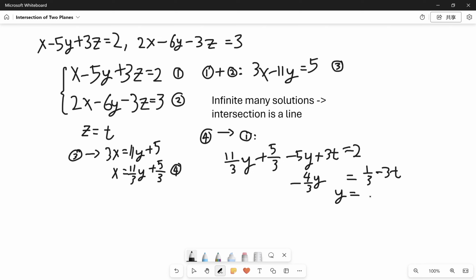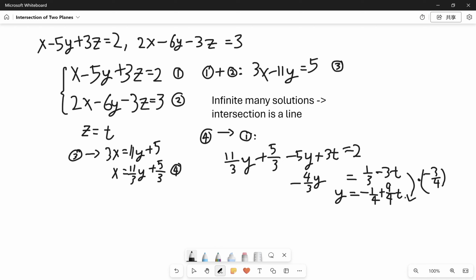So if we multiply both sides by negative 3 over 4, then for 1 over 3 times negative 3 over 4, we get negative 1 over 4.